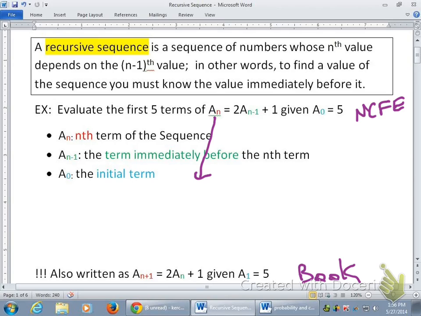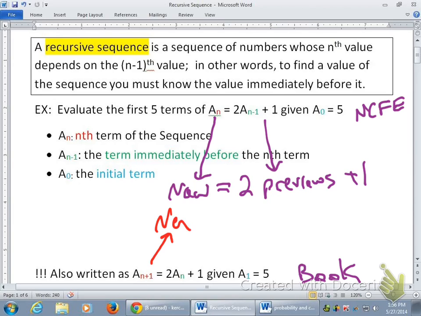This would be now, my now value is going to be 2 times the previous, we wrote this down a second ago, plus 1. But if I did it the other way, what it would be saying is my next number would be equal to 2 times my now number plus 1. And if you'll think about it, they're really the same thing.